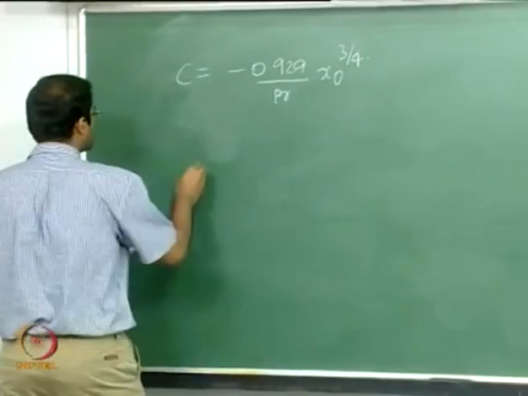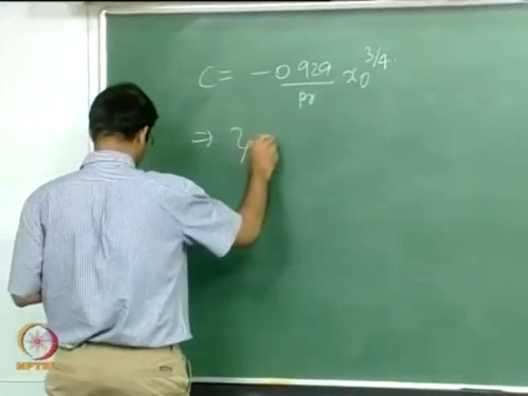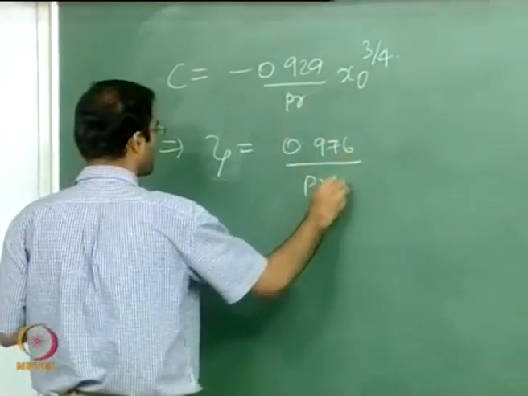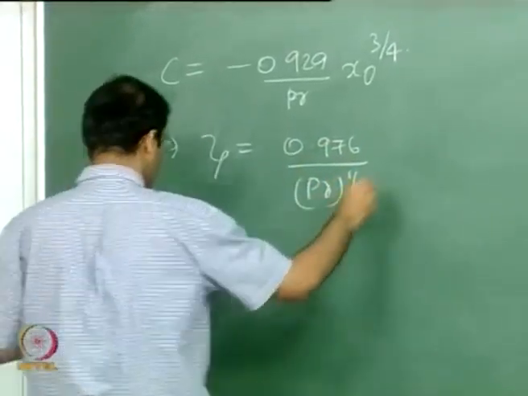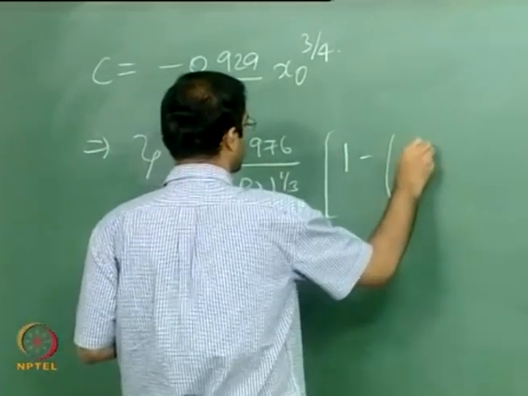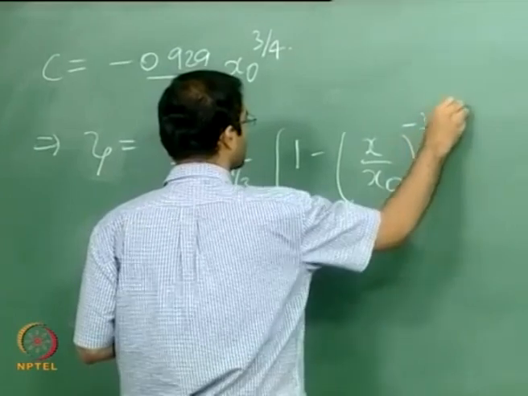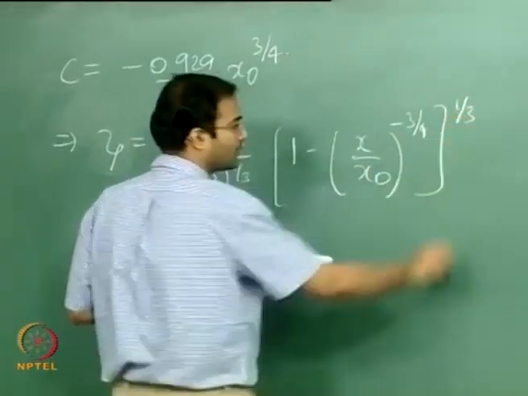So therefore the final solution for zeta can be expressed as 0.976 by Pr to the power 1 by 3, 1 minus x naught by x to the power 3 by 4, the whole raised to 1 by 3, okay.